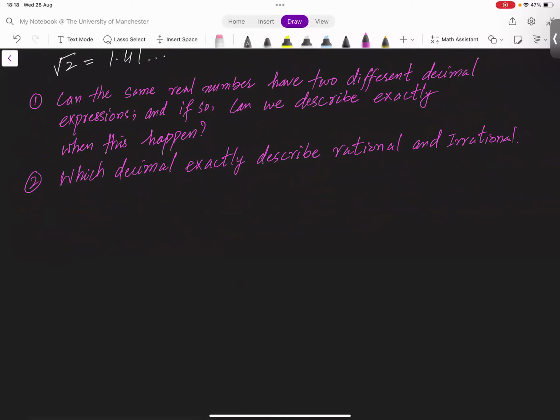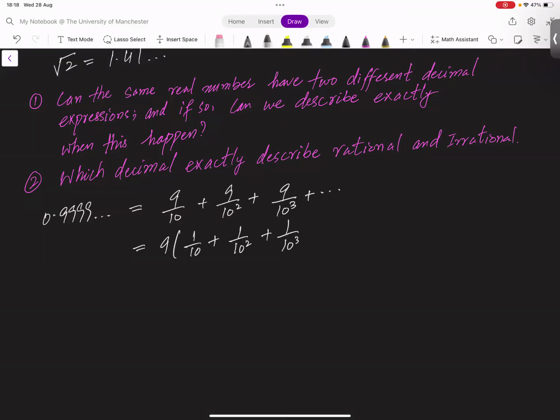For number 1, notice that 0.9999 goes on can be written as 9 over 10 plus 9 over 10 squared plus 9 over 10 cubed, and so on. And we can also write it as 9 times 1 over 10 plus 1 over 10 squared plus 1 over 10 cubed plus so on.